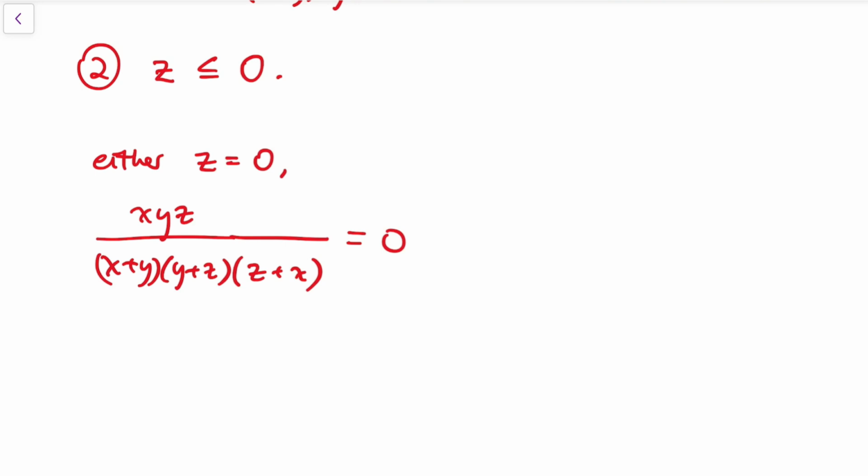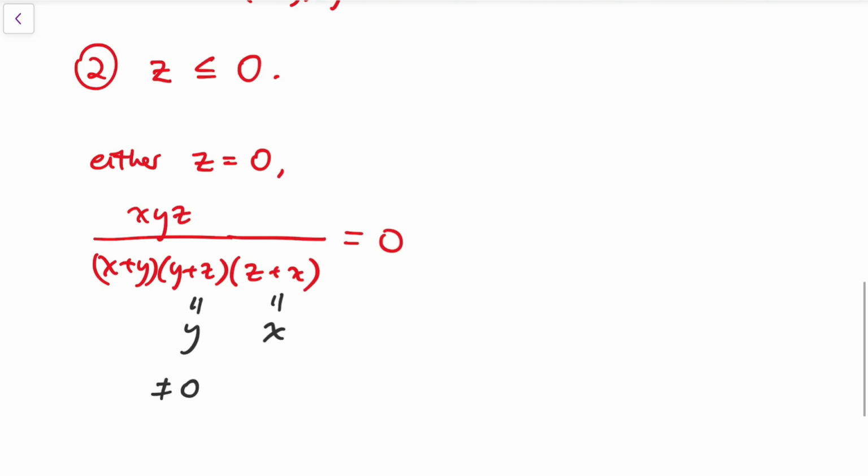This is because the numerator is 0, and for z plus x is equal to x, this is equal to y, and for x plus y is positive. X and y are also positive, so denominator is not equal to 0. So that means the whole fraction equals 0.